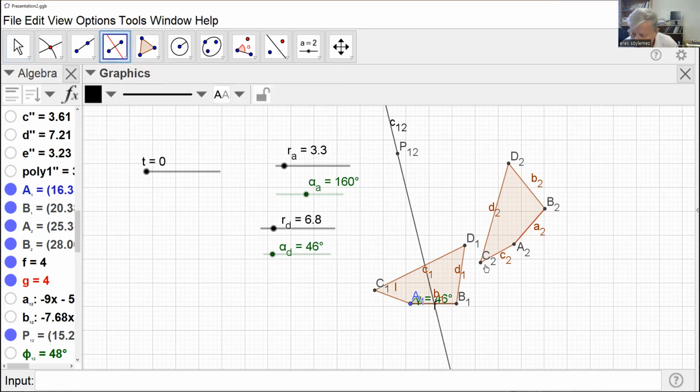And I will use this perpendicular, which again will pass through P12 that I have found.